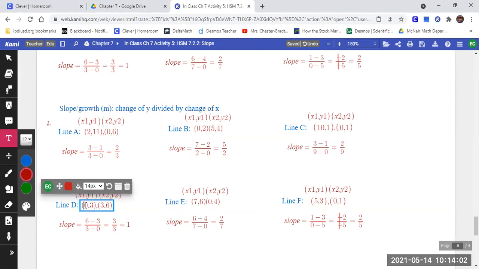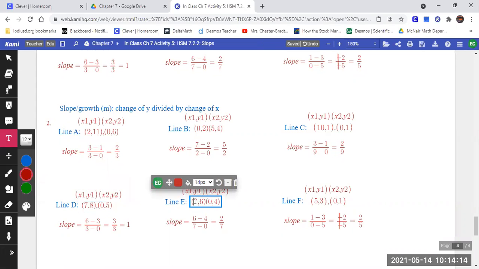For D, we said 7, 8 with 0, 5. For E, we said 7, 6, 0, 4. That's weird. It's the exact same point as last time. And for F, we said 0, 3, 3, 7.